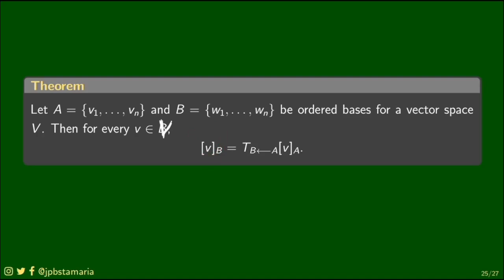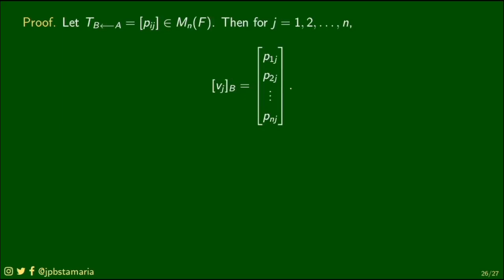Okay, that's why maybe it's called the transition matrix. I will just outline the proof for you because this is kind of tedious, but this is the full proof, really. So let's say that the transition matrix has entries Pij. This is an n by n matrix, right?